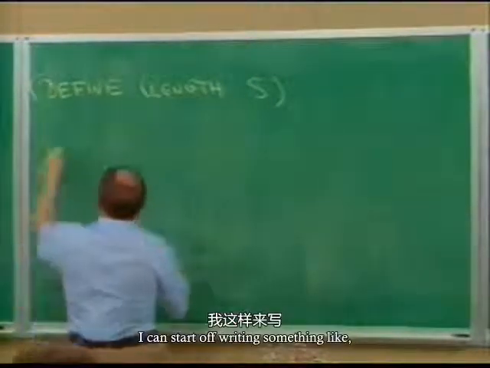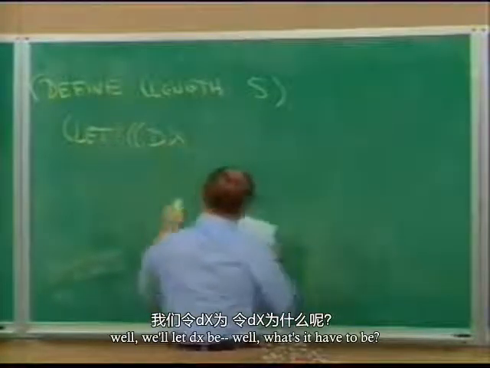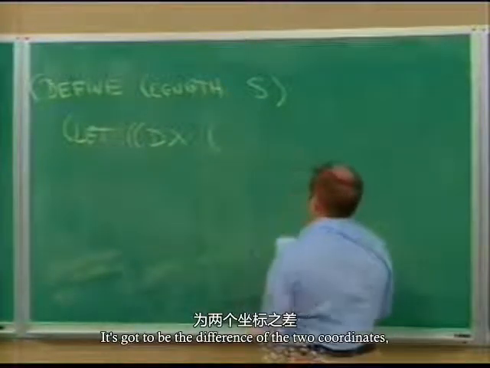And I could start off writing something like, well, we'll let dx be, well, what's it got to be? It's got to be the difference of the two coordinates.